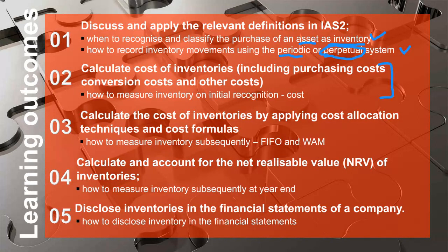A sellable state means a state in which it can be sold, right? So costs that need to bring it to a state in which it can be sold must be included.